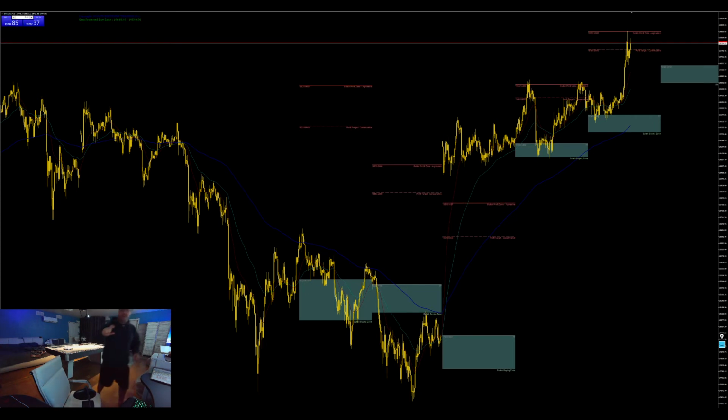But if it just comes up and it just kind of sits there, then typically that's a fake out. You don't need volume on your charts to tell you price action volume. You can just see it.